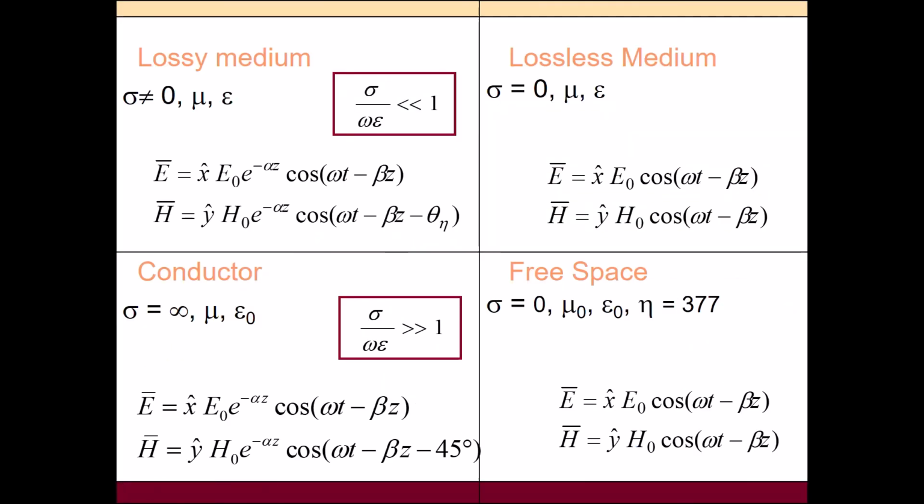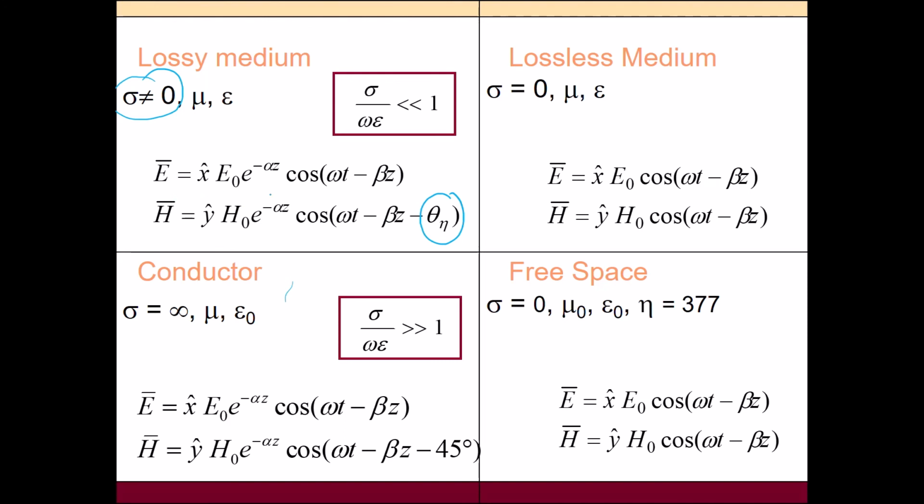So as a conclusion, we have 4 different types of media, firstly the lossy medium. For the lossy medium, sigma is not equal to 0, it has a certain value, and sigma divided by omega epsilon is not much greater than 1. It has a phase difference of theta n, with H lagging E, and the rest is almost the same, with the same propagation direction.